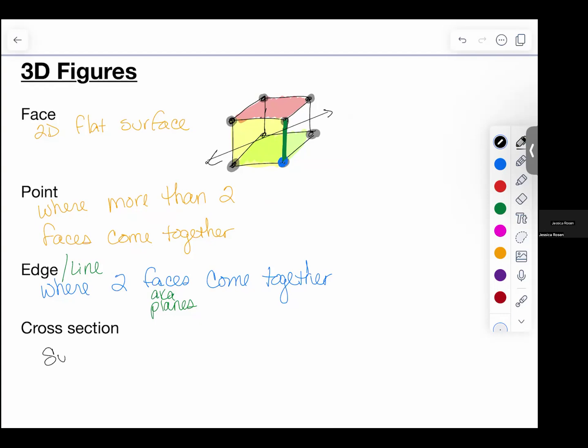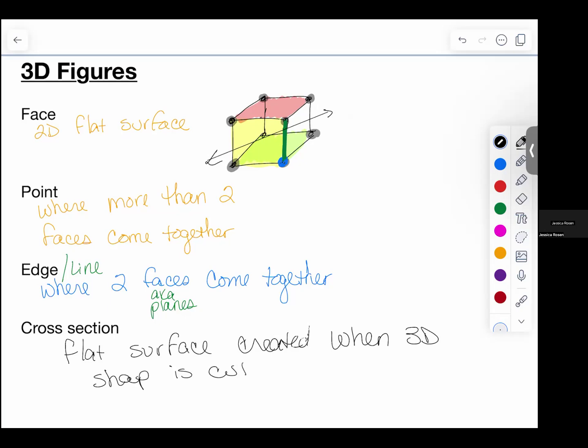So it's the flat surface created when a 3D shape is cut in half. So what that really means is if we took this top piece off of this bottom piece, there would be a flat surface created because it's a solid shape right there. And that would be the cross section.